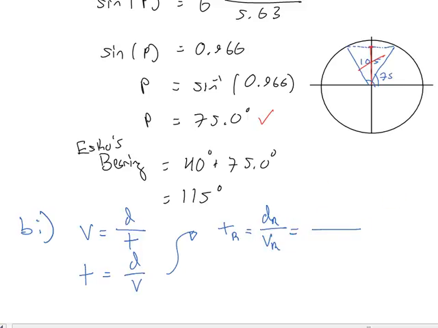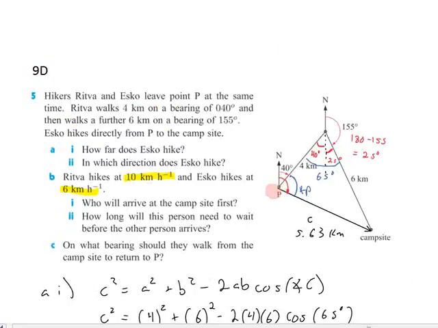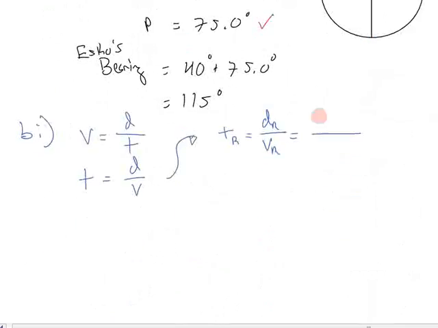The distance that Ritva travels is the combination of two segments. She goes 4 kilometers this way, and then 6 kilometers that way, for a total of 10 kilometers. So she travels 4 plus 6 kilometers, and the question says that she travels at a velocity of 10 kilometers per hour. This gives us 10 divided by 10, or 1 hour.